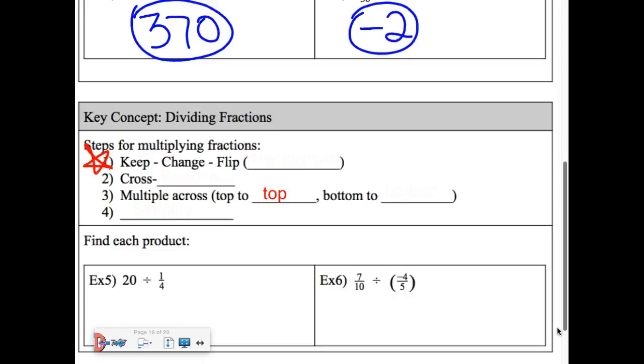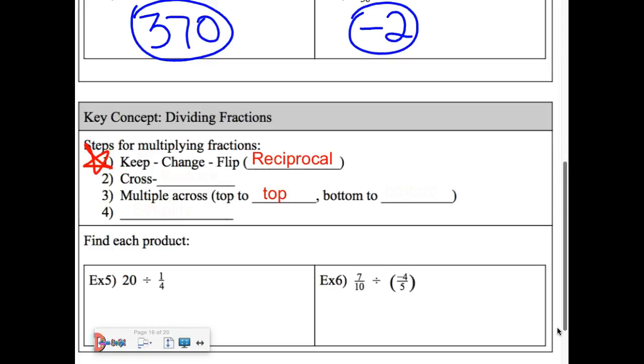And reminder, flip, we've already talked about this word. Flip means reciprocal. So what's happening when I say keep, change, flip is that you have to keep your first fraction, change the sign from a division to a multiplication, and you're going to take the reciprocal, aka flip that second fraction. You're going to hear me say a lot, keep, change, flip throughout the semester.